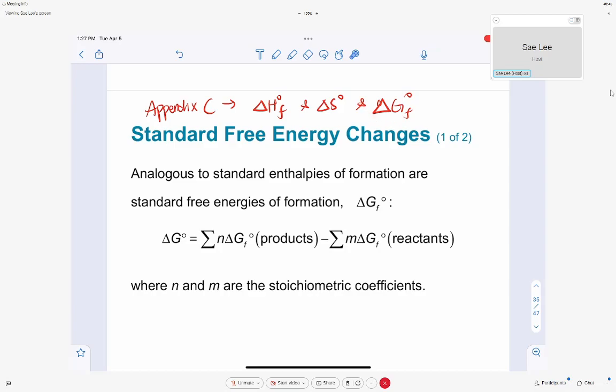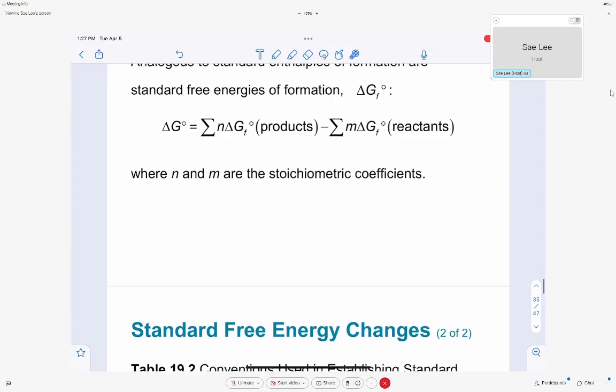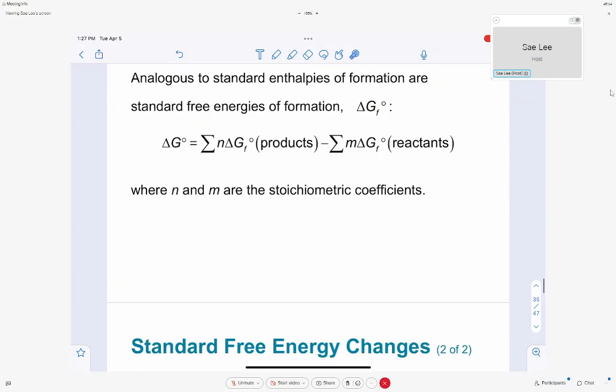These are tabulated standard free energies of formation, labeled delta G f. Write that down: delta G f naught, the standard free energy of formation.